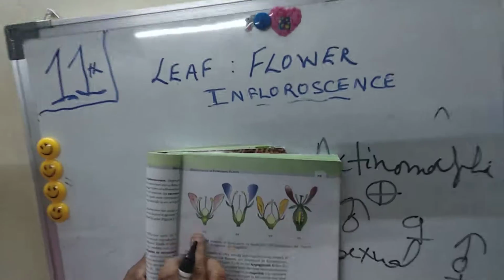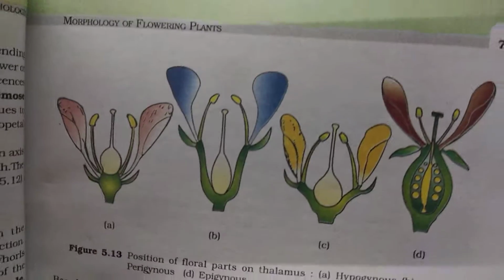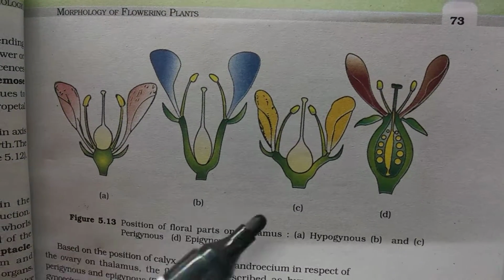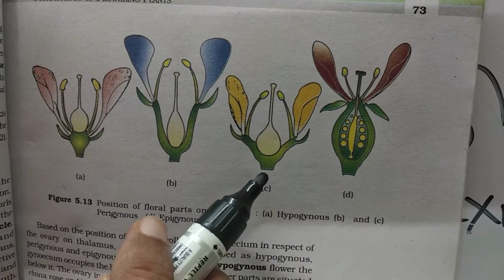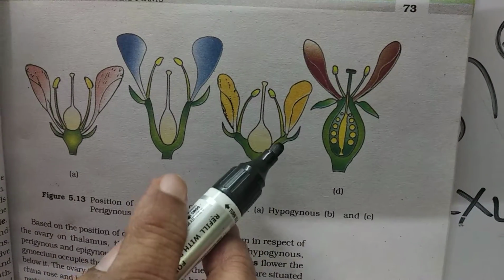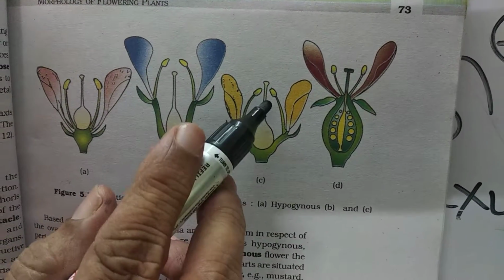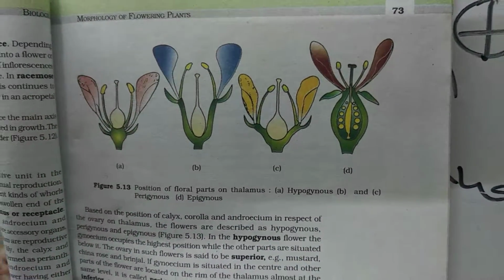See the condition. Now this diagram is very important for NEET also. Mostly the diagram comes in the MCQ. So A is the hypogynous condition, B is perigynous, and 3 is epigynous. In the epigynous condition, the calyx and corolla all arise above the ovary and the ovary remains below, and the ovary is said to be inferior.